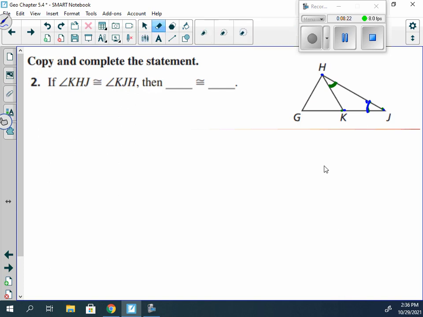So KHJ. So where does it start? Goes to? So we're talking about this angle here. We're just talking KJH. So these 2 angles are? So this one here is congruent to.